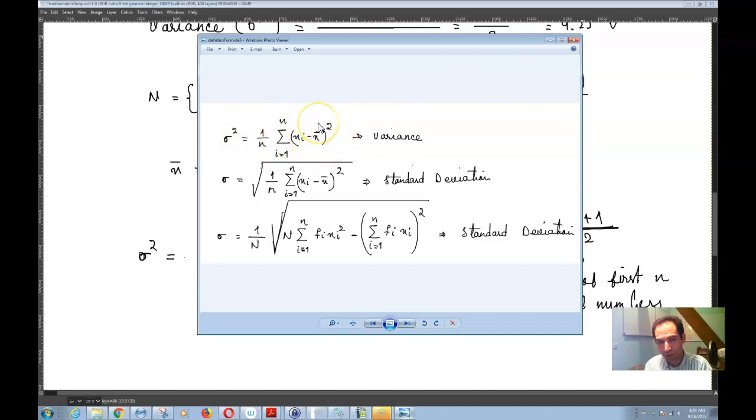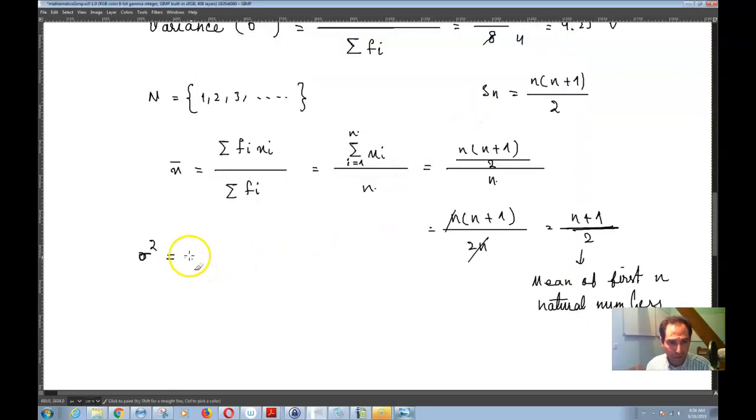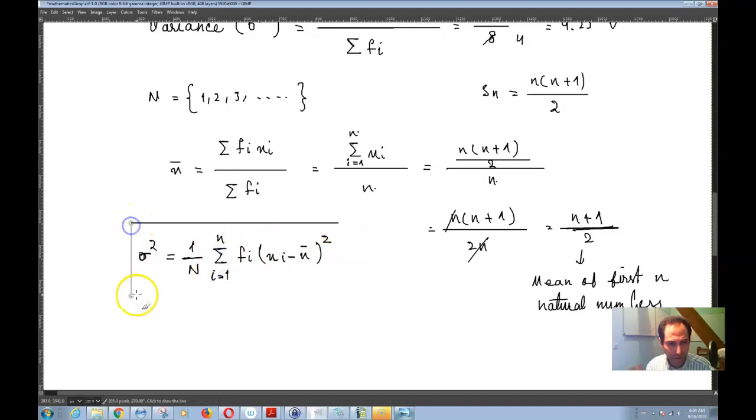So sigma squared is equal to 1 divided by n times sigma of f of i times x of i minus x bar, whole squared, as i goes from 1 to n. That is called variance.